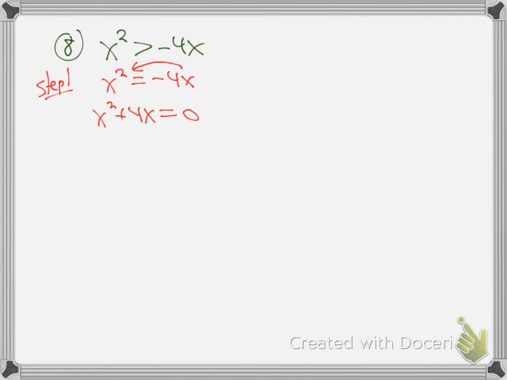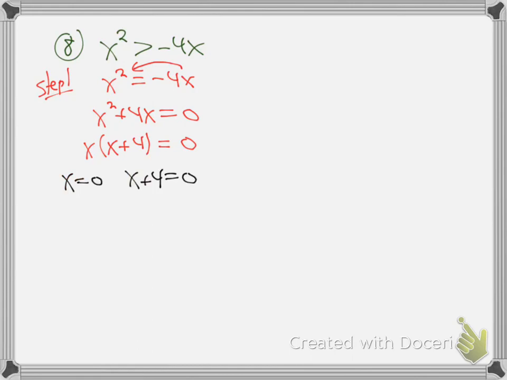And then we need to factor that. How do we factor that? This is not a 2 parenthesis factoring, is it? It's just take out x. Like that. Then where do we go from there? Each one gets its own 0.